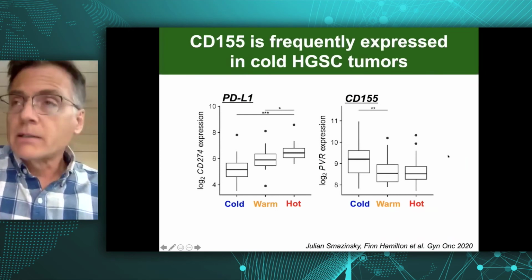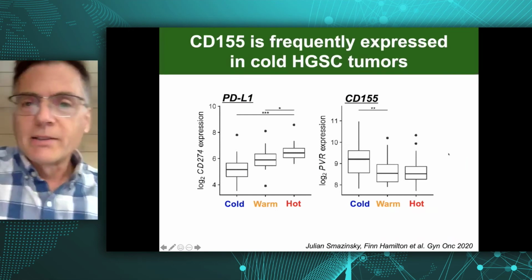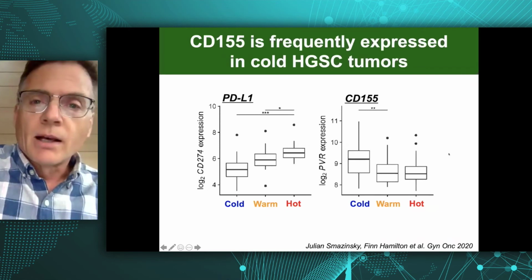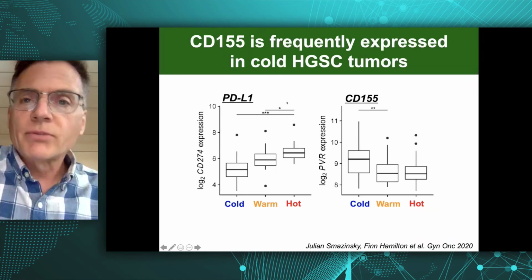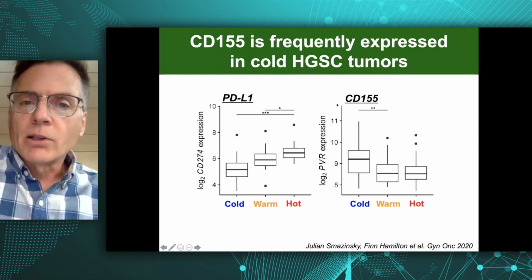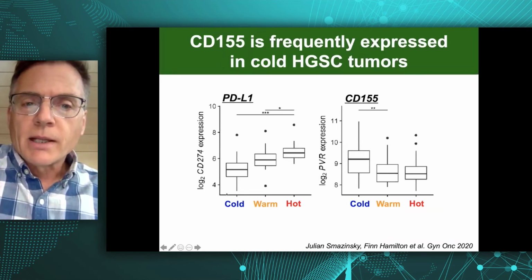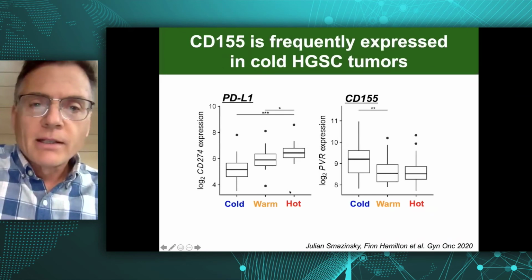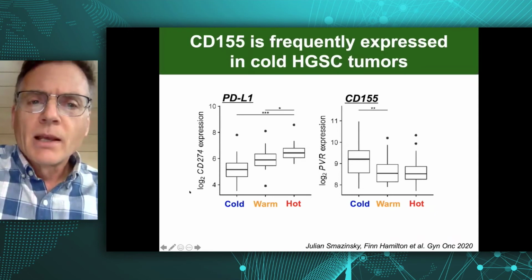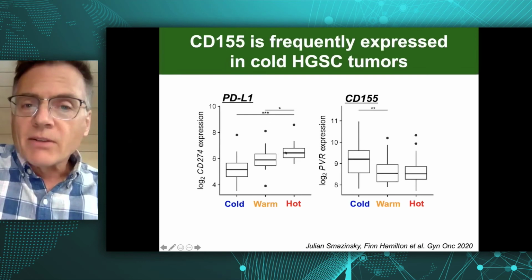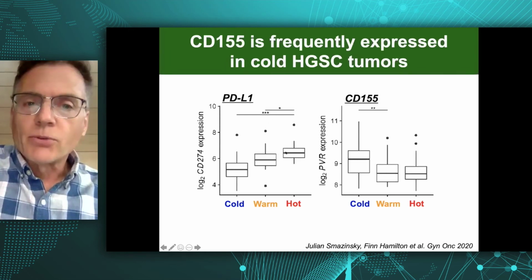As predicted by our bioinformatic analysis that led us to look at this, when we look at the association between PD-L1 on the left or CD155 on the right, and expression in cold tumors, these are all HGSC tumors, versus what I call the warm tumors, the ones where the TIL are in the stroma of the tumor but not the epithelium, we can see, as has been reported by us and others before, that PD-L1 is mainly found in the hot tumors in those macrophage-rich regions.